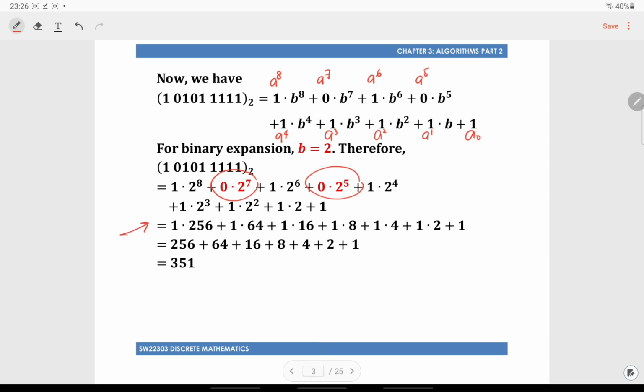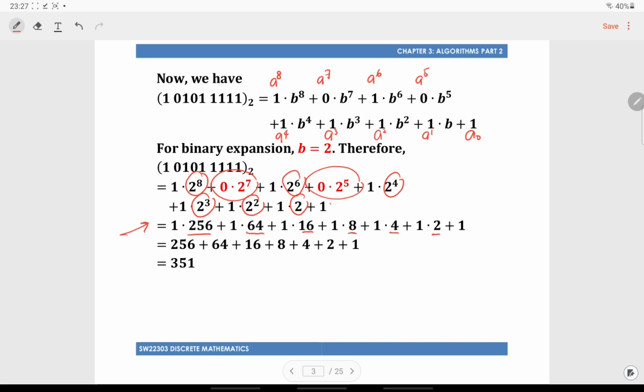When we convert all the 2 to the power of 8, 6, 4, 3, 2 and 1 to the actual values respectively, we have 2 to the power of 8 equal to 256, 2 to the power of 6 equal to 64, 2 to the power of 4 equal to 16, 2 cubed equal to 8, 2 squared equal to 4, 2 to the power of 1 equal to 2.